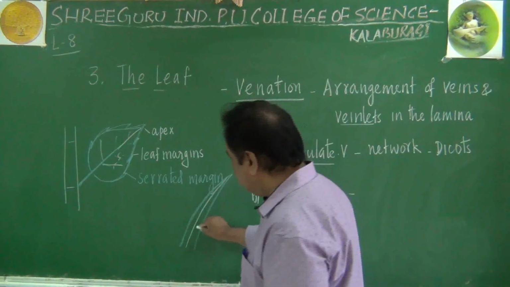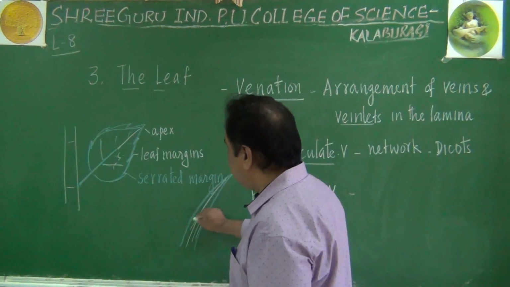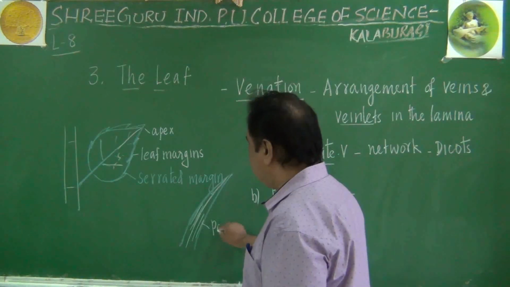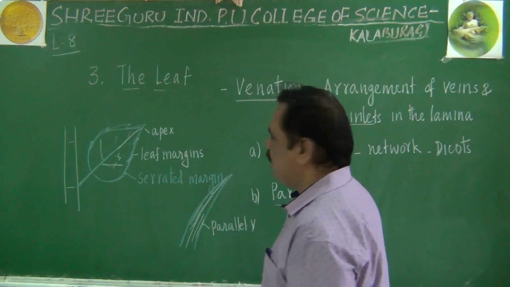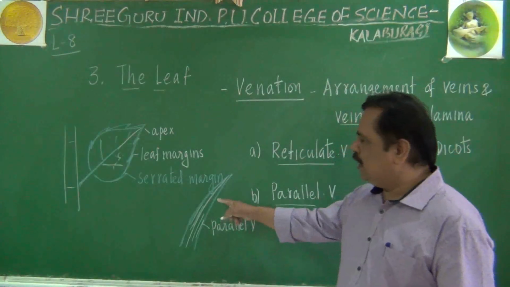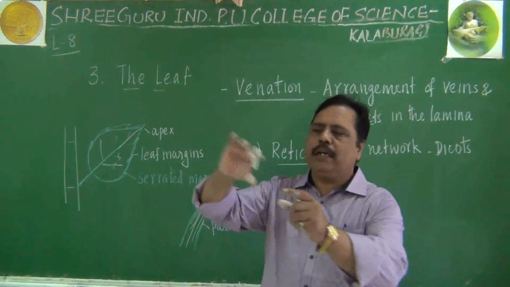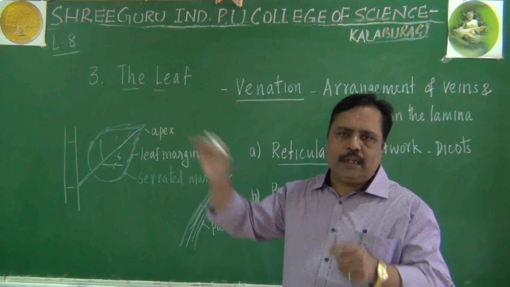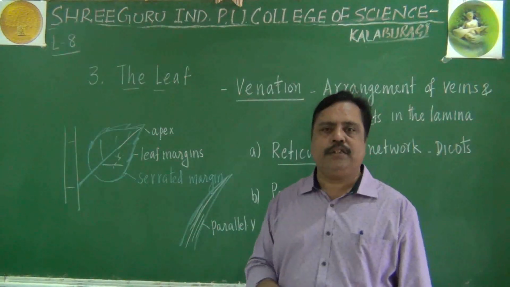On the sides of this midrib, you can see many parallel lines like this. This is called parallel venation. Here the lamina is not broad or flat, it is narrow and elongated. In that narrow and elongated lamina, you come across parallelly arranged veins.